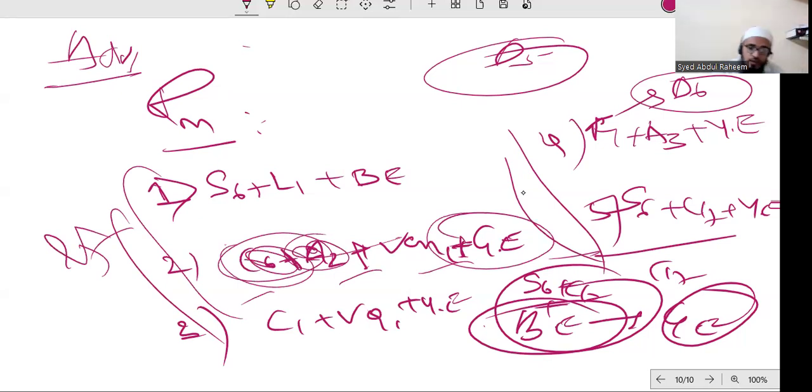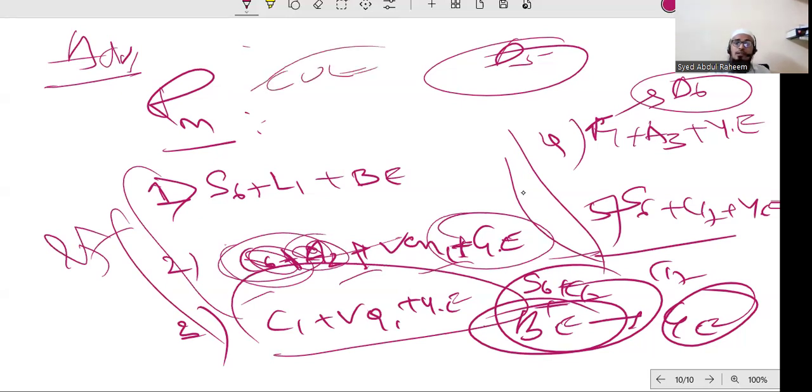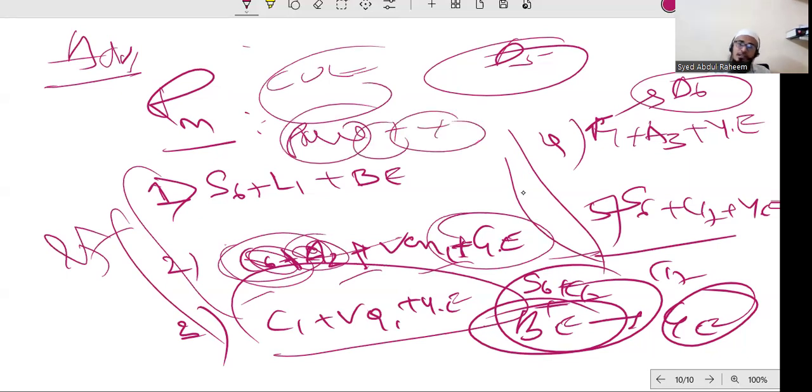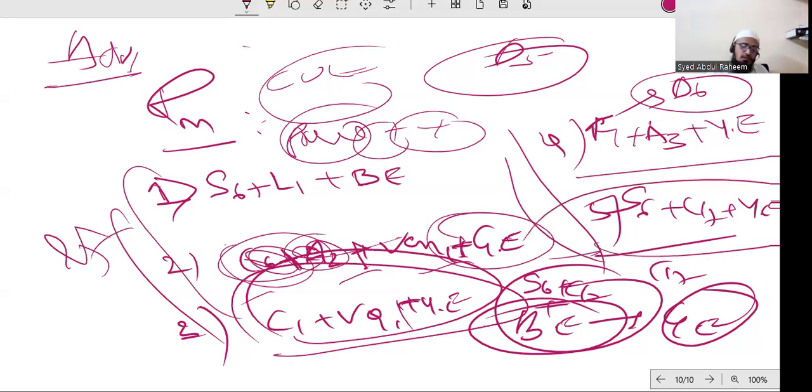If infection is there, you can add C1 Ver1 YE. When you do CUE, if pus cells are positive, it means there is infection, and you need to give antibiotics. If there is fever, add F1A3YE. And to remove the toxicity with the help of urine, we add C6 or C17.